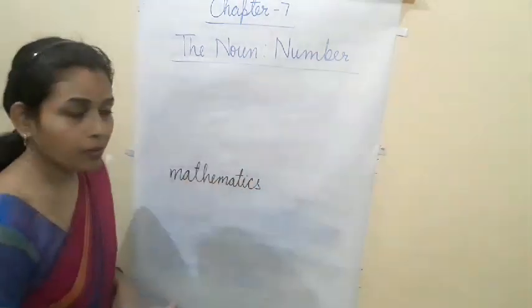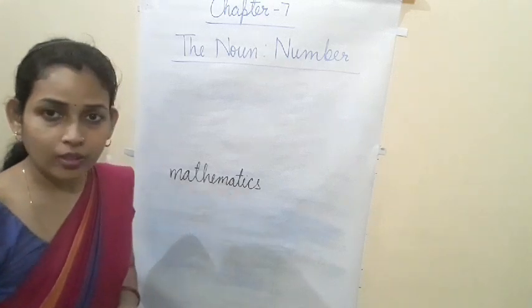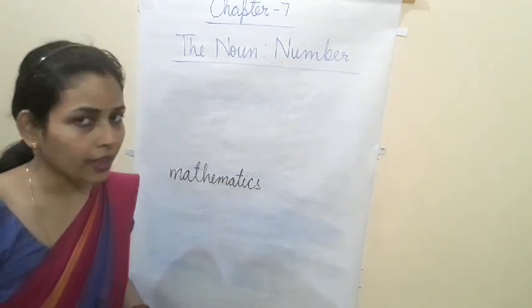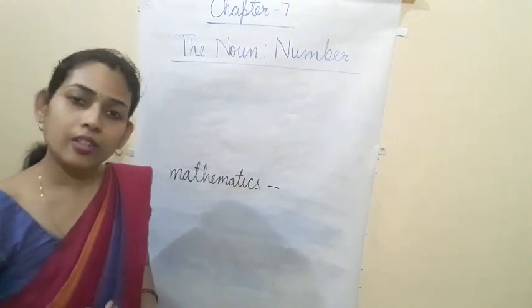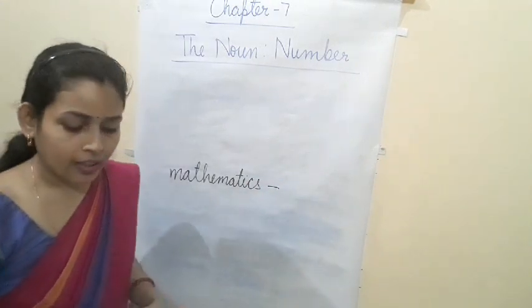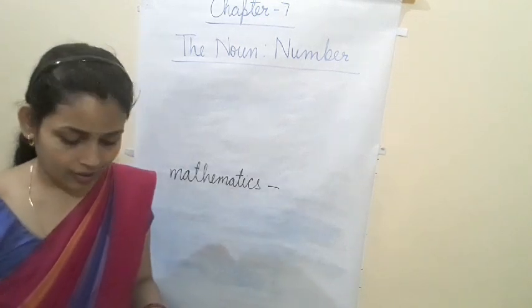When we pronounce mathematics, it sounds plural, but actually it is singular. There are more, like subjects: civics, physics, politics.